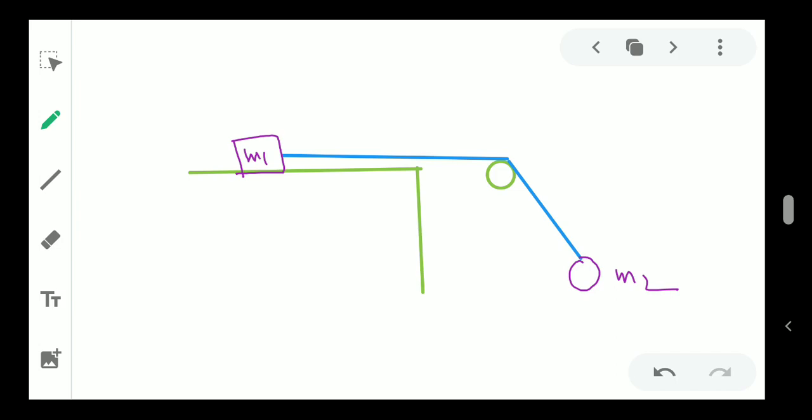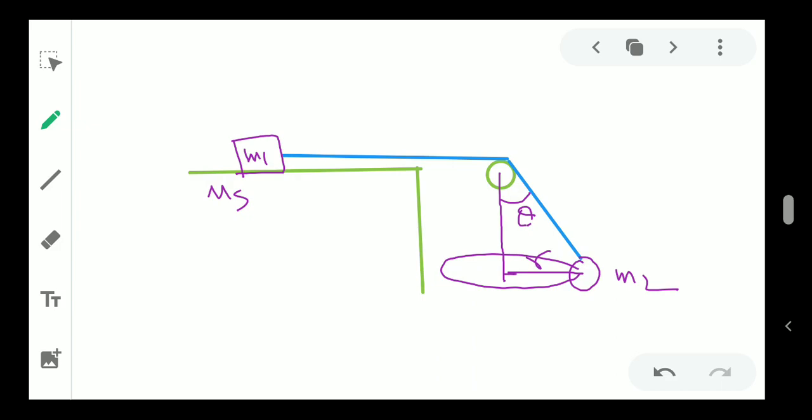The frictional coefficient between this one is mu s, and let's say it is rotating like this with some radius r, and the angle here is theta.